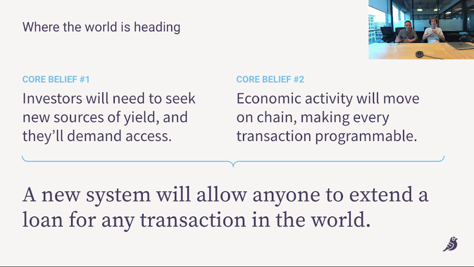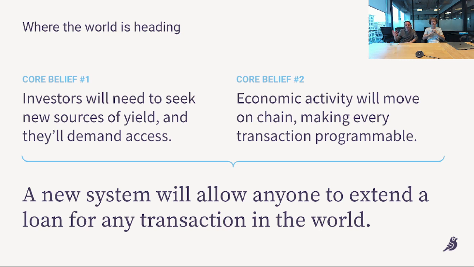The second core belief that Goldfinch is founded on is that economic activity is going to increasingly move on chain. It's helpful to start with examples: we've talked to businesses whose customers are asking them to create crypto accounts for them. It's both consumers and merchants who are looking for these crypto accounts.